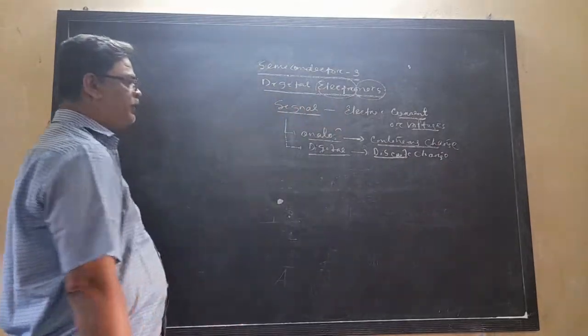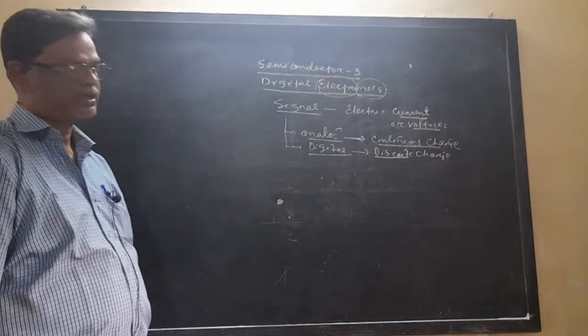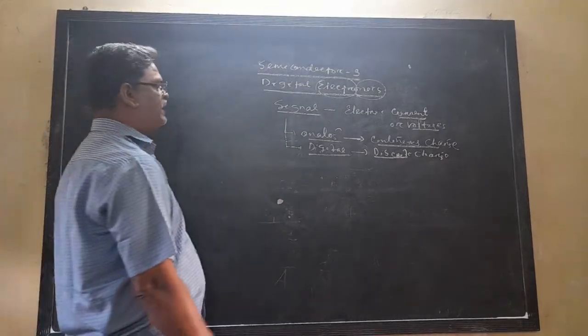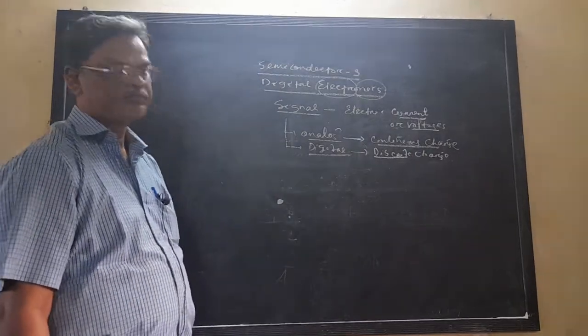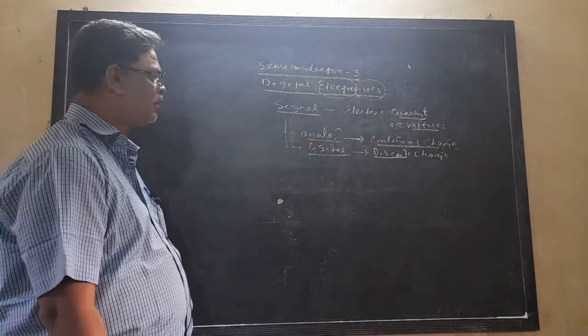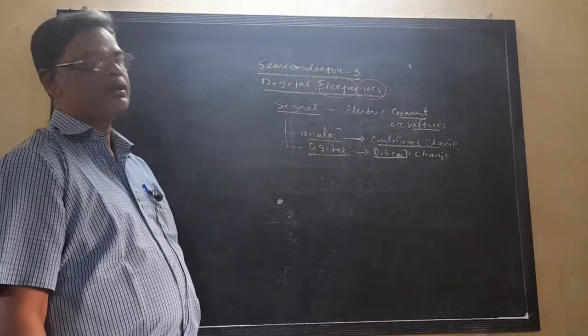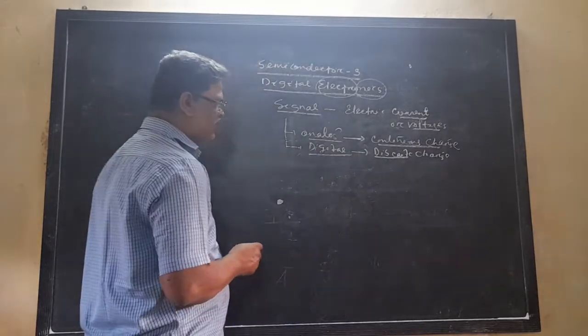Suppose if we consider the TV and radio, these are analog circuits, analog devices, and the digital is your calculator, counting device. So how do you know which one is digital and which one is analog?